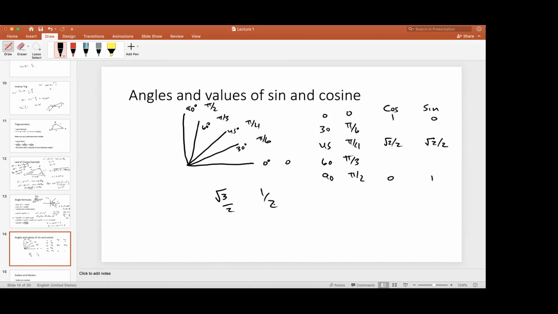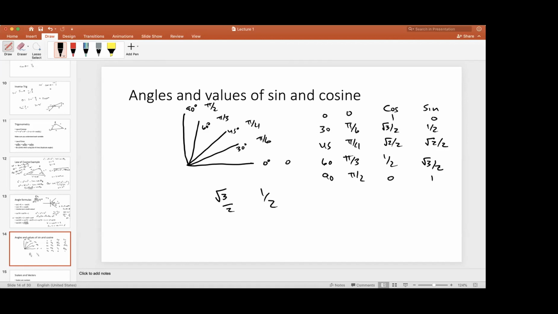Now root 3 is clearly greater than 1. And if you look at 30 degrees, you can see that the x, the cosine part, is definitely longer than the y part. So therefore, the y gets the 1/2, and at 60, it's opposite. And so now, without having a calculator, if you need cosine of 60 degrees, you know it's a half.